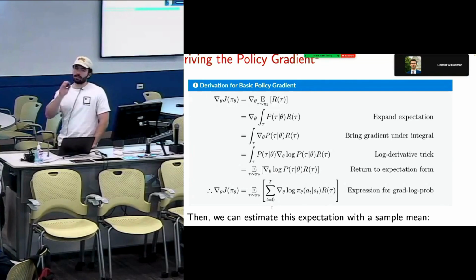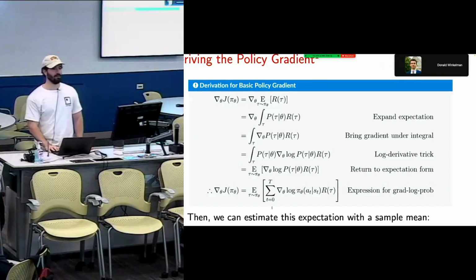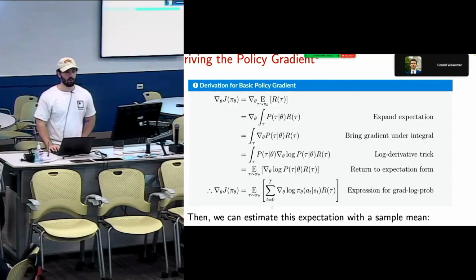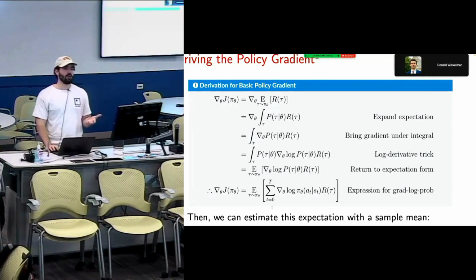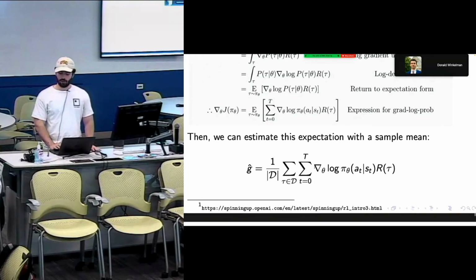So if this doesn't make sense, absolutely no problem. It didn't make sense to me the first or third or fourth or fifth time that I looked at it. The sixth time, it made a bit more sense, and after like the 12th or 13th time, it finally clicks. So don't worry at all if it doesn't make sense. But really intuitively, you have to think that we're just taking a gradient of how good a policy is, and the gradient of how good a policy is is just the sum over all the things that you've done.